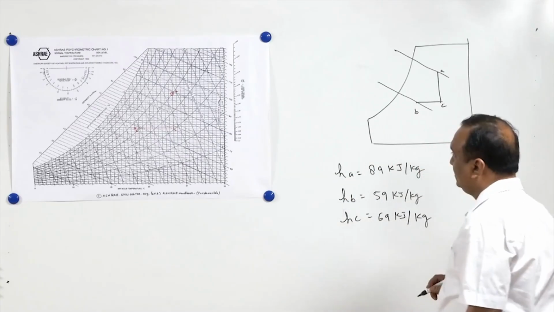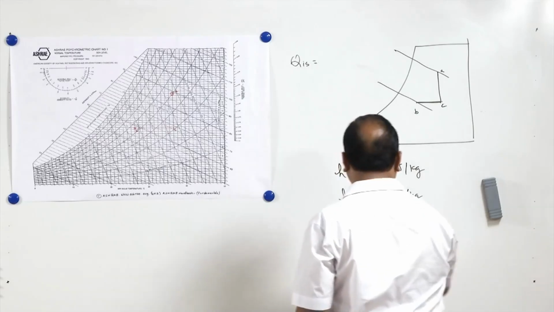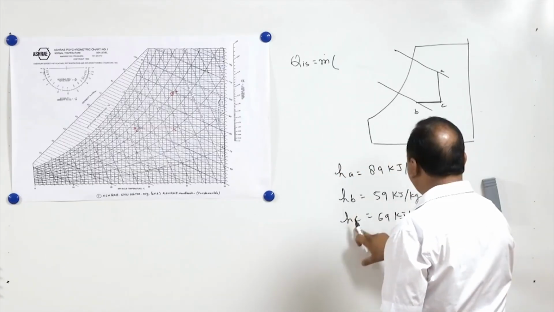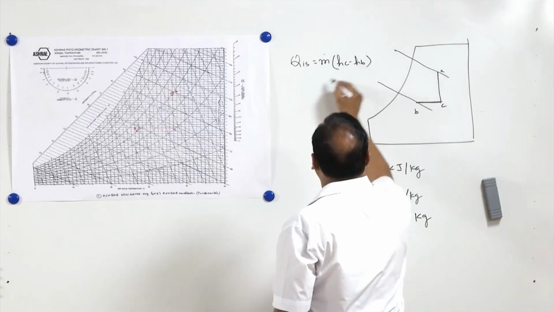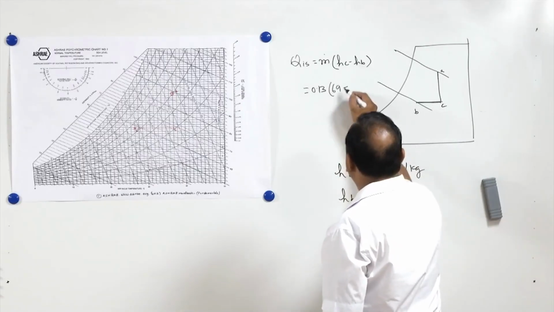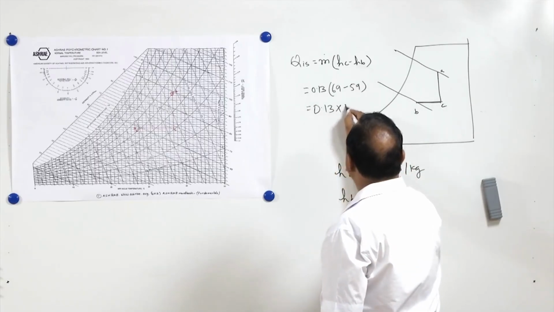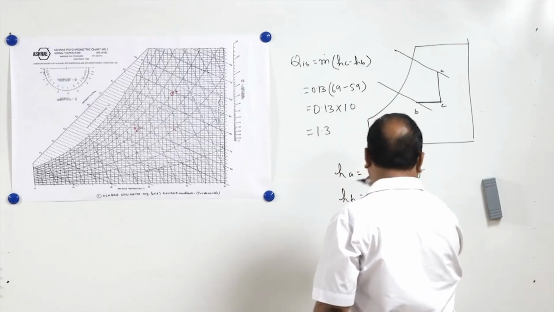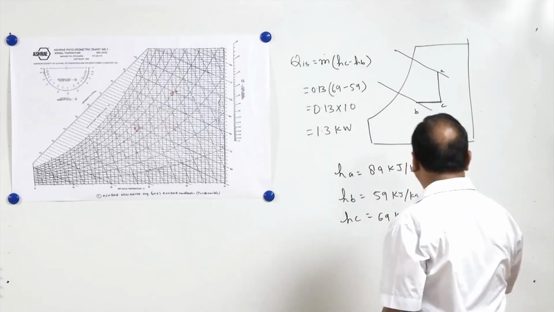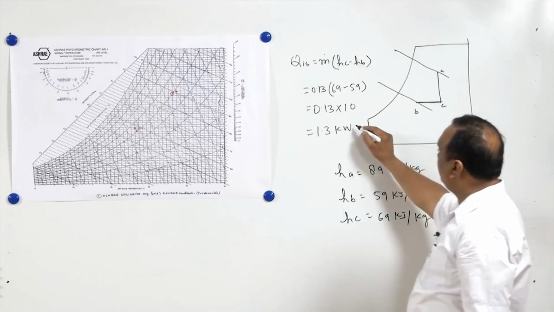Now the sensible heat which is coming into the room, QIS, is equal to the mass flow rate of infiltration air multiplied by HC minus HB. So the mass flow rate is 0.13 kg per second, HC is 69 kilojoules per kg, minus HB which is 59 kilojoules per kg, and that is going to be equal to 0.13 multiplied by 10, 1.3 kilowatt, because kilojoules per kg multiplied by kg per second will give kilojoules per second, and that is in terms of kilowatts.